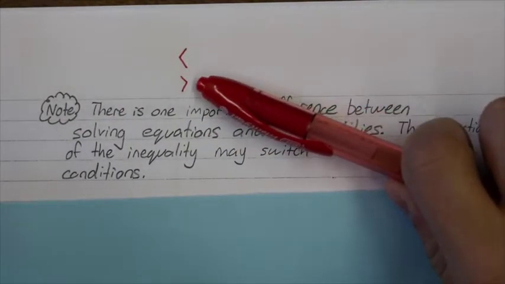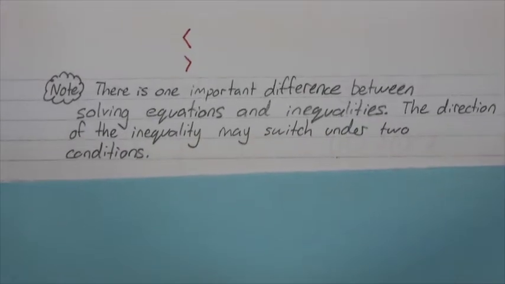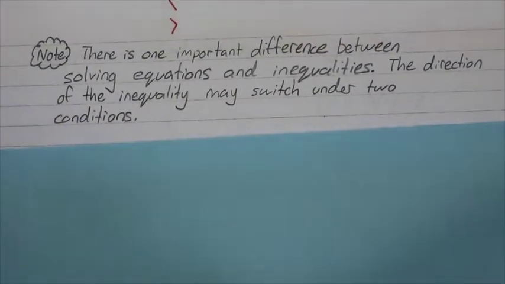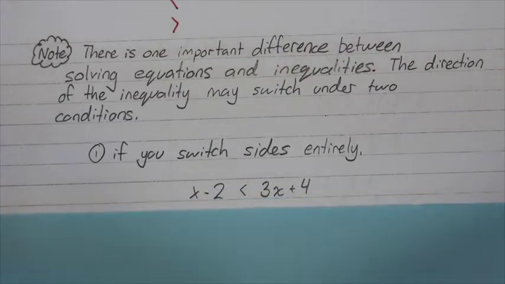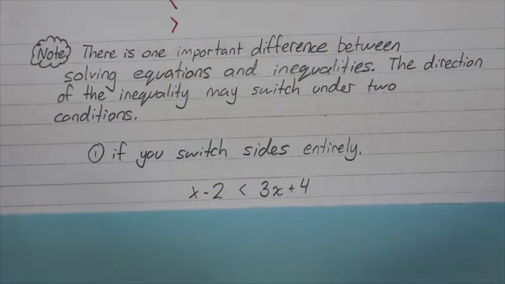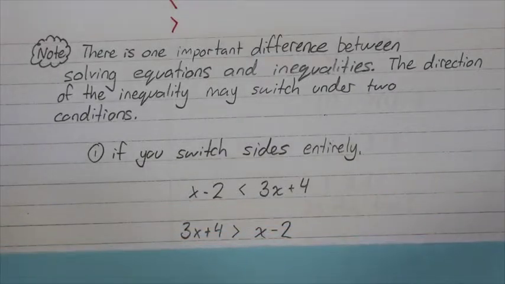Sorry, a less than to a greater than, or vice versa. So there are 2 situations where this could happen. The first is if you switch sides entirely. So if for whatever reason you want to switch the sides completely, so bring whatever's on the left to the right and vice versa, well then you'd have to switch the inequality sign as well. So that should make good sense to you.